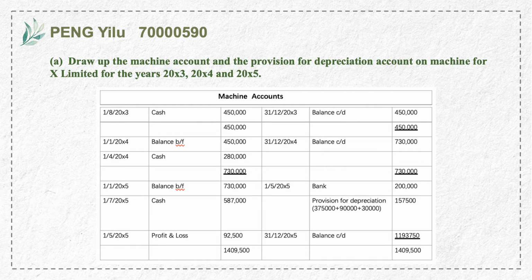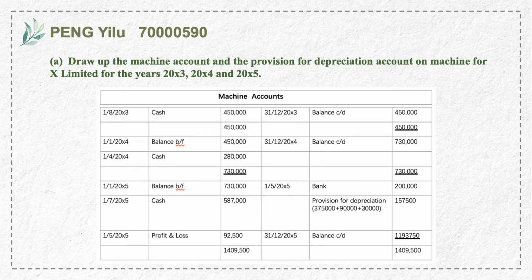And we bought a machine Z106 on 1st July 2000 X5, so we write down the 587,000. But we also sold the Z104 for 200,000, so we write down 200,000 on the right.